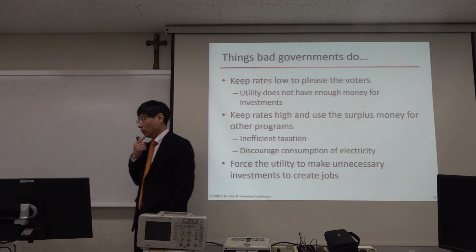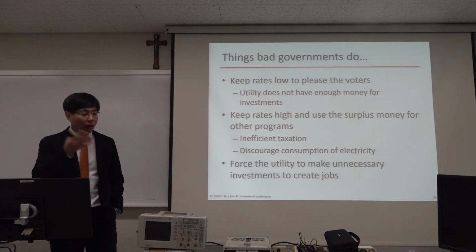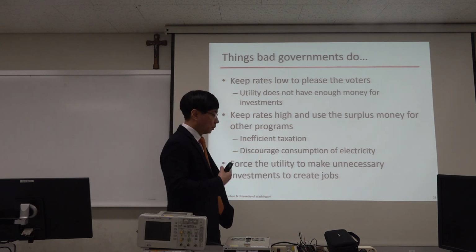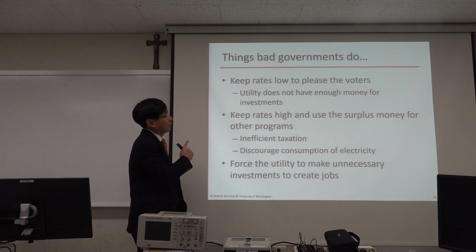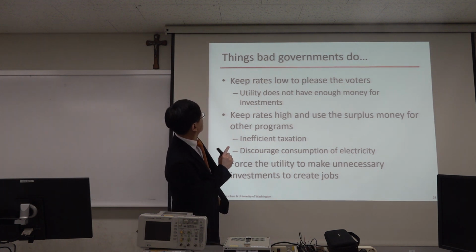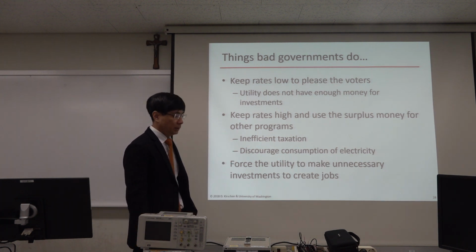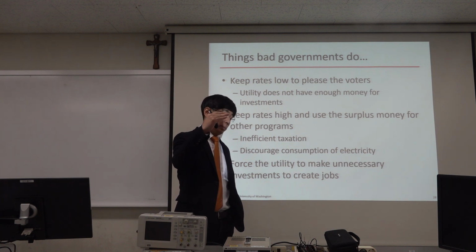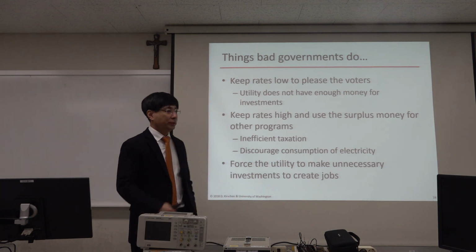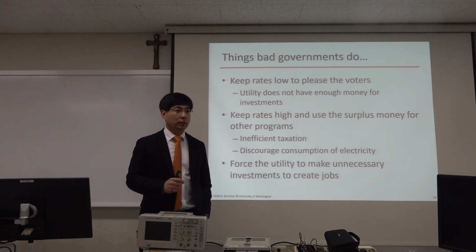Okay, so when there is an election, we are experiencing this kind of populism. So the utility does not have enough money for investment because the electricity price is too low to satisfy the voters because of populism.